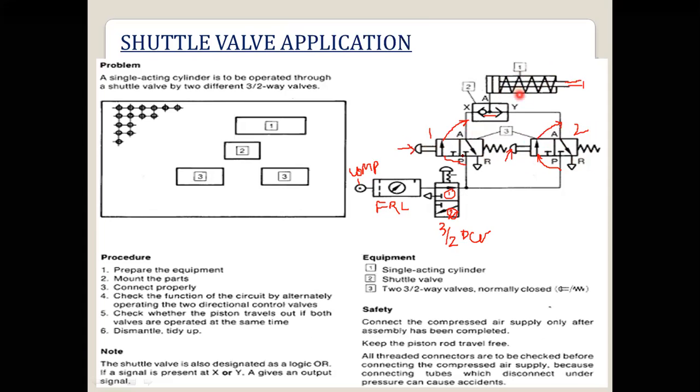So in this way we can have this application of the shuttle valve. We call it the OR valve, logical OR, because the flow is from either DCV1 or DCV2, that is from port X or port Y.